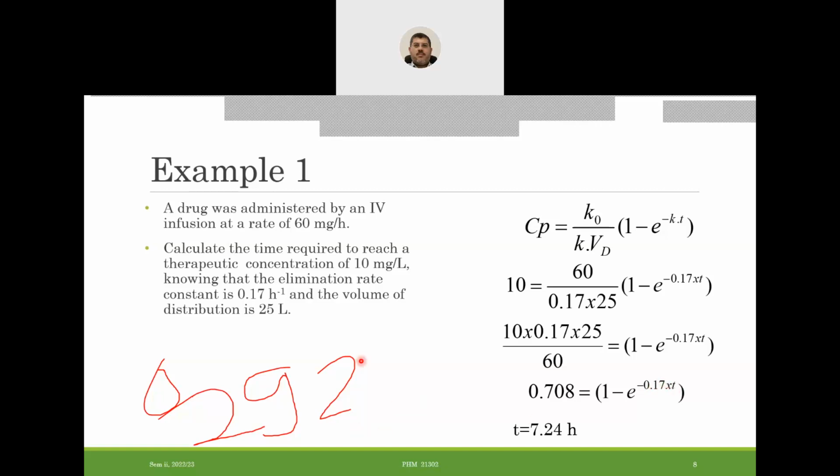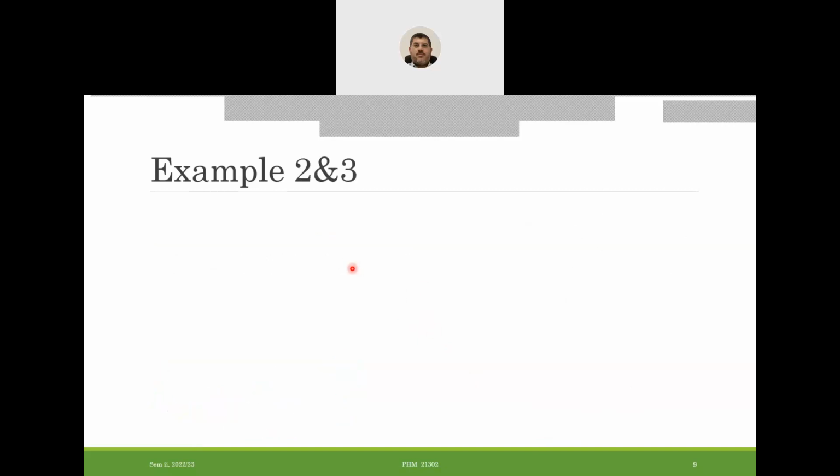So t will be the log of 0.292 divided by negative 0.17. The net result is 7.24. This means that after 7 hours of continuous administration of the drug at this infusion rate, the concentration in plasma will reach 10 milligram per liter.